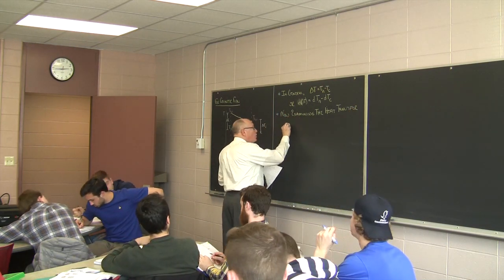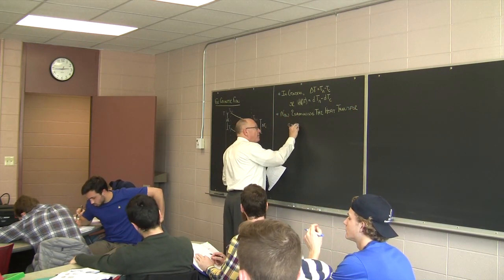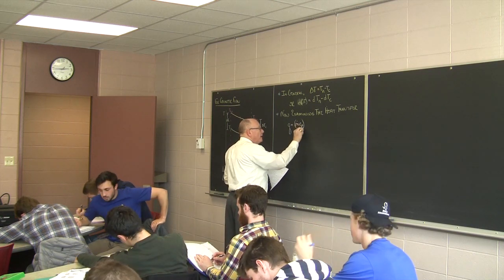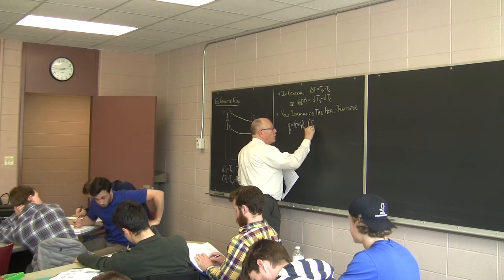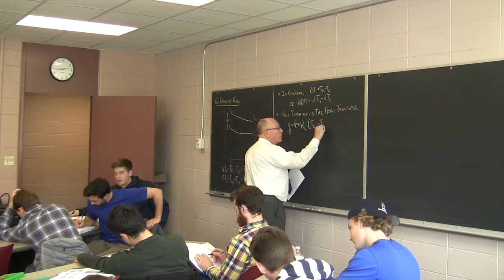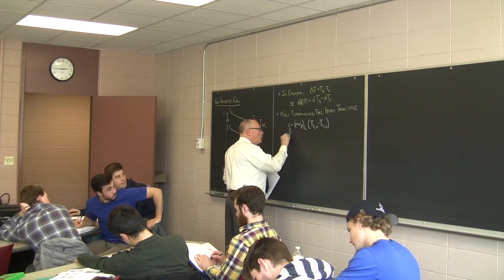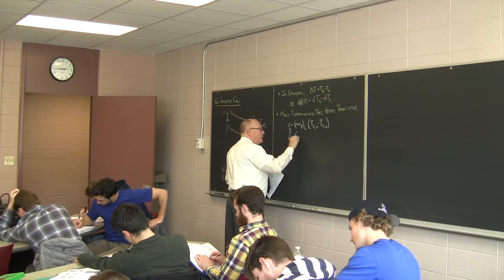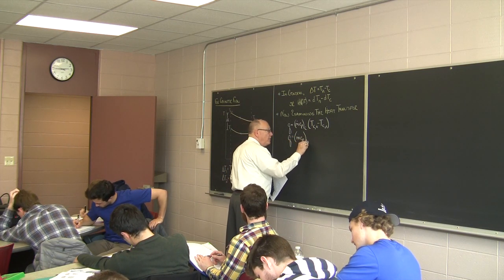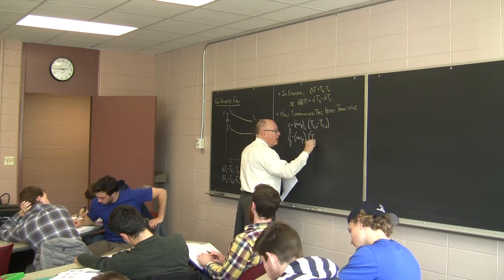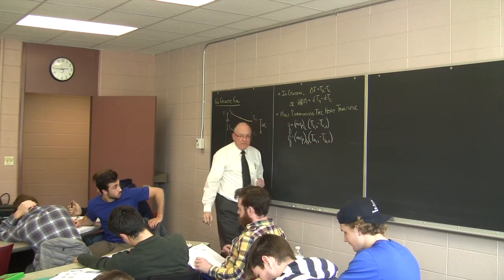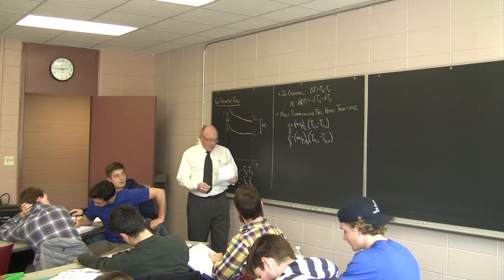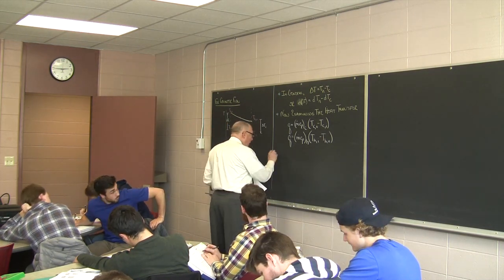So we have Q is equal to m dot C_p,C times T cold out minus T cold in. But Q is also equal to m dot C_p,H times the temperature of the hot in minus the temperature of the hot out. And both of those are positive quantities.